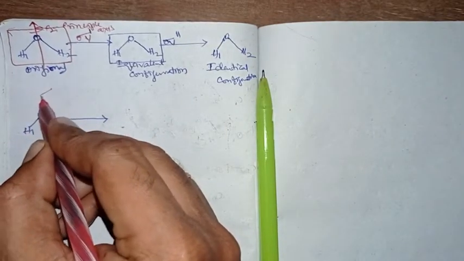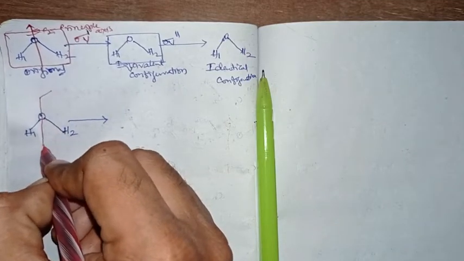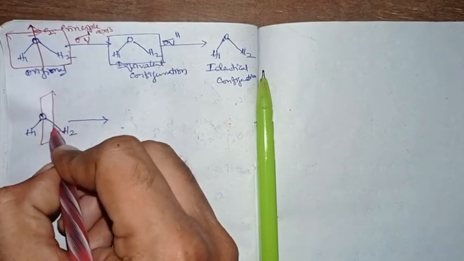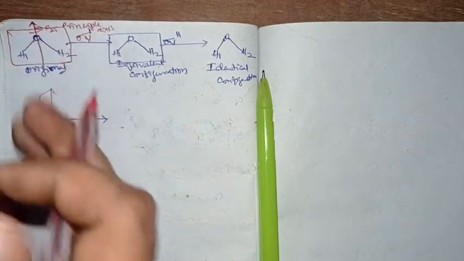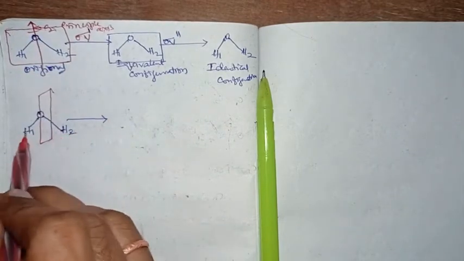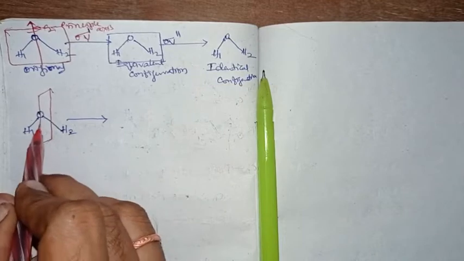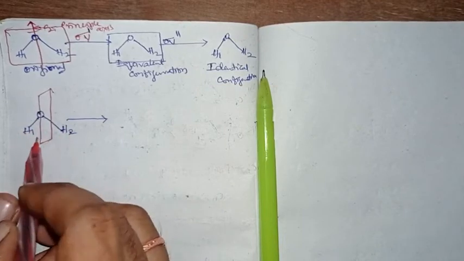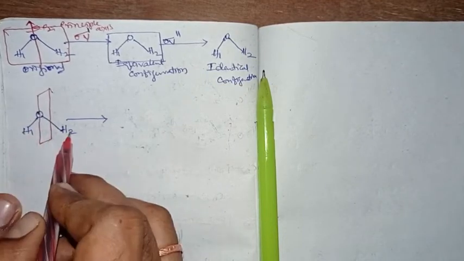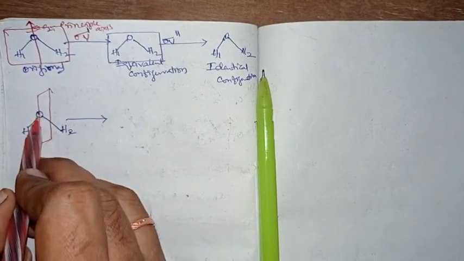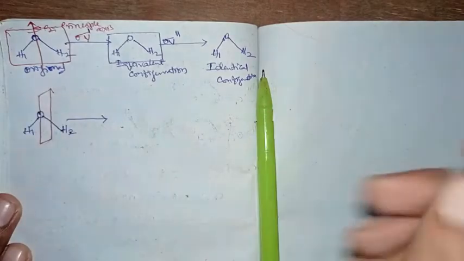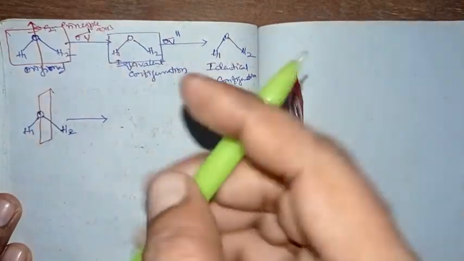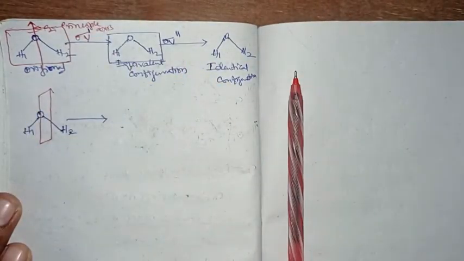So when we apply it here, the plane passes through the oxygen atom, which bisects the oxygen atom, and is in between the two hydrogens, exactly in the middle of the two hydrogens, where the similar hydrogens get reflected and the oxygen's two equal halves get reflected onto each other to give the equivalent configuration.